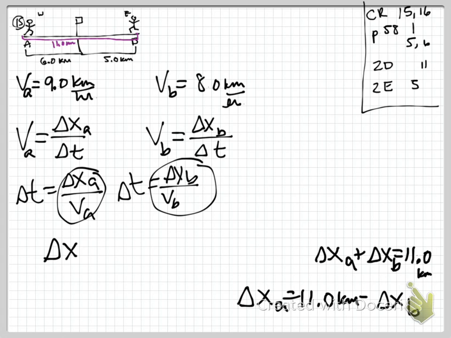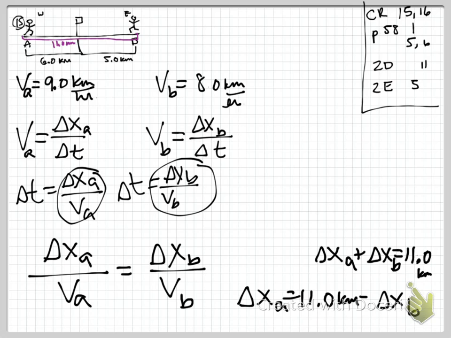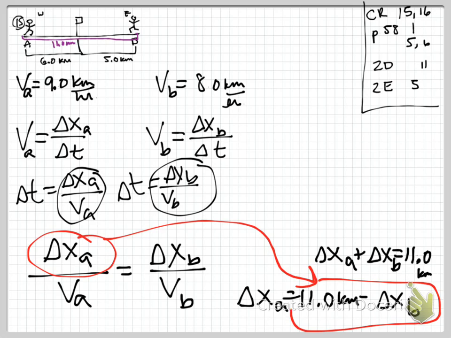Delta x A divided by v A equals delta x B divided by v B. At this point, we have values for 2 of the variables, and we have a way to eliminate one of them and get an expression for it. So what we're able to do here is take this and substitute this expression in. We'll take this to the next page.